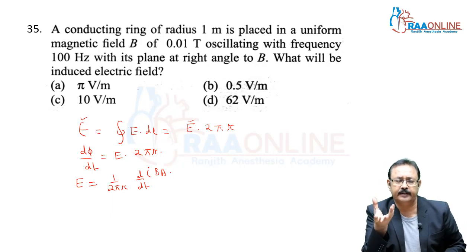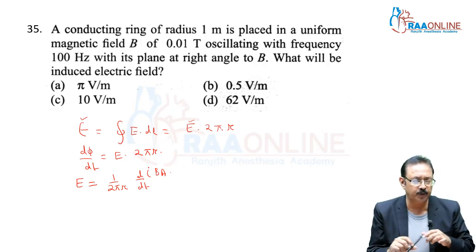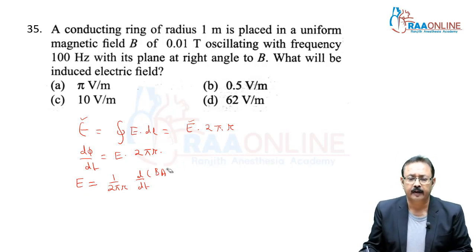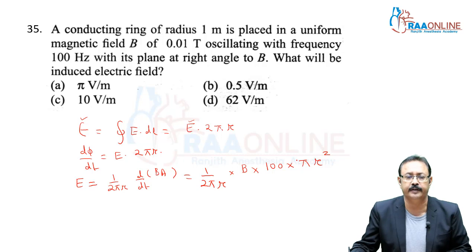In 1 second, 100 times your area is changing. So we have to use that 100 also. How much area is swept there? We want this BA. B is constant, but your coil is taking 100 turns. So area changing is 100 times in 1 second, and area is pi R square.